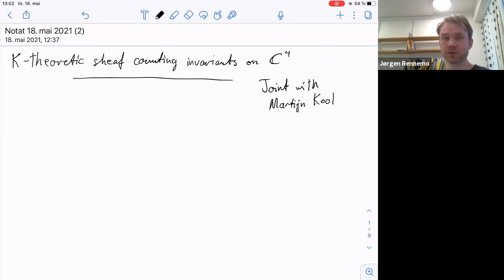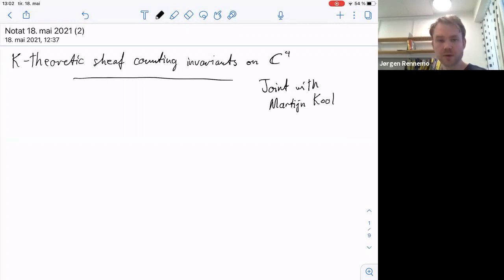And I'll tell you the result we have about computing them, and hopefully this will illustrate what these are. These invariants exist more generally, but in the case of C4 you have the simplest definition of them, which is rather concrete. So that's what I'm mainly hoping to communicate in this talk.